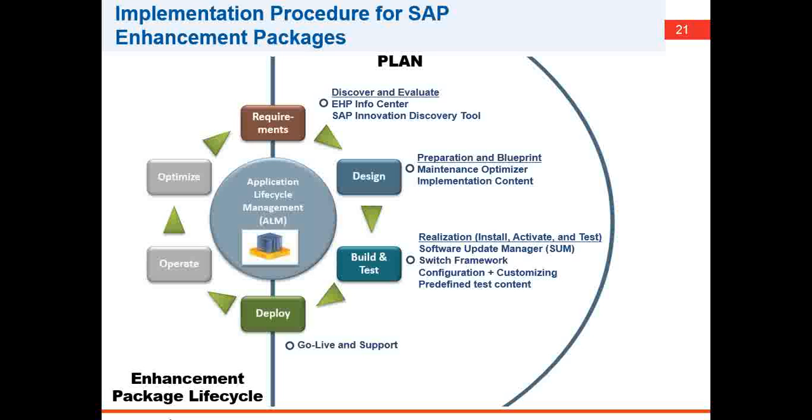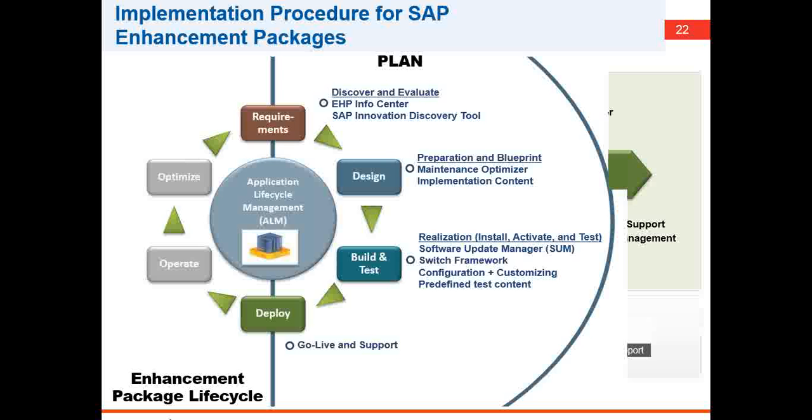Now, how does ALM compare to ASAP, which most of us are familiar with? Well, ASAP has basically what's called plan, build, and what's not shown on the screen here, run. So the planning phase, which is part of requirements, consists of discovery and evaluation.